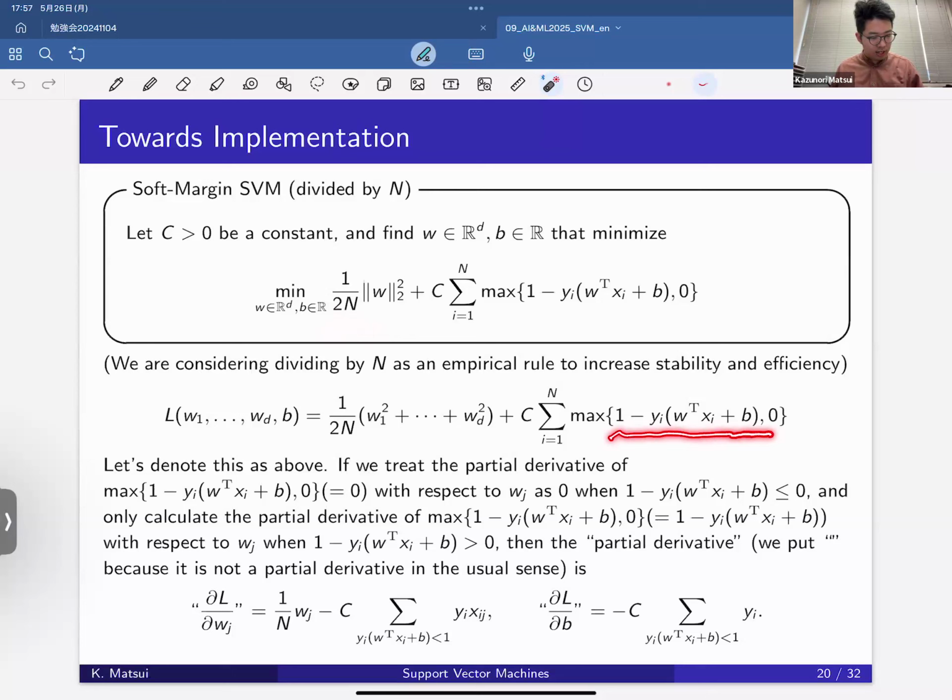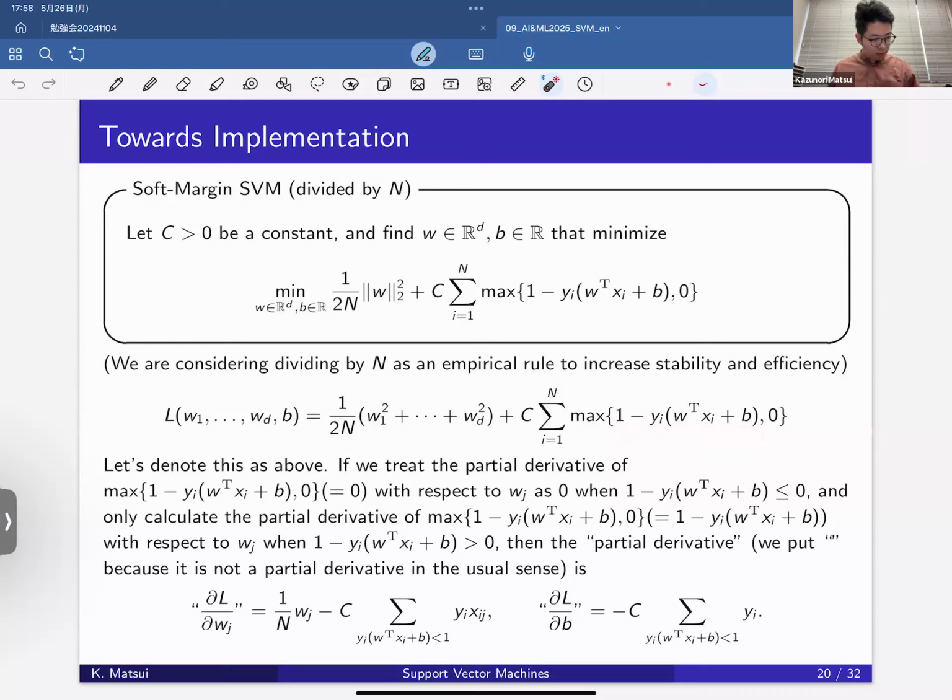So at that time, we decide to set the partial derivative with respect to wj at 0. When 1 minus yi times (w transpose xi plus b) is greater than 0, we just need to calculate the partial derivative of this. That is the partial derivative of 1 minus yi (w transpose xi plus b) with respect to wj.